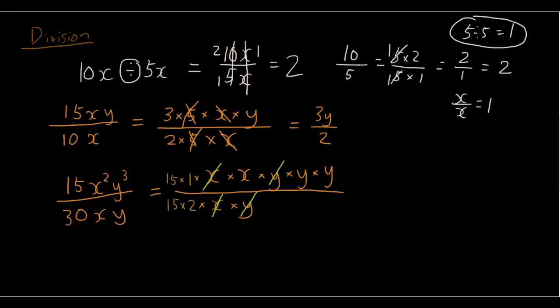So now you can cross out 15 on the top and 15 on the bottom, so you're left with 1 over 2. So the answer is 1 times x times y squared over 2. And that is your final answer for division.